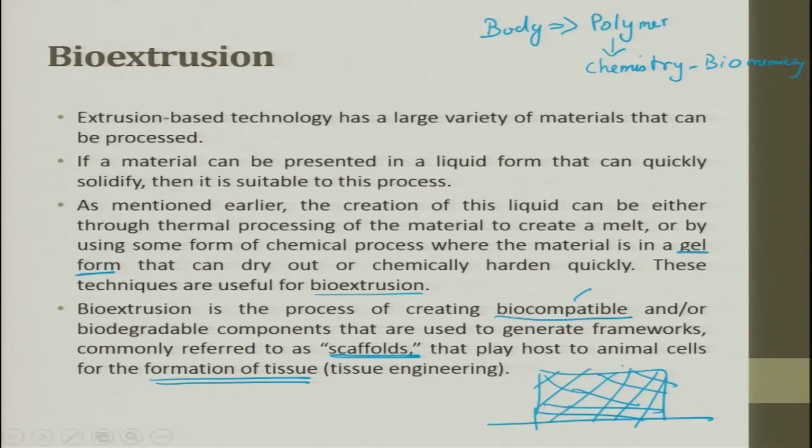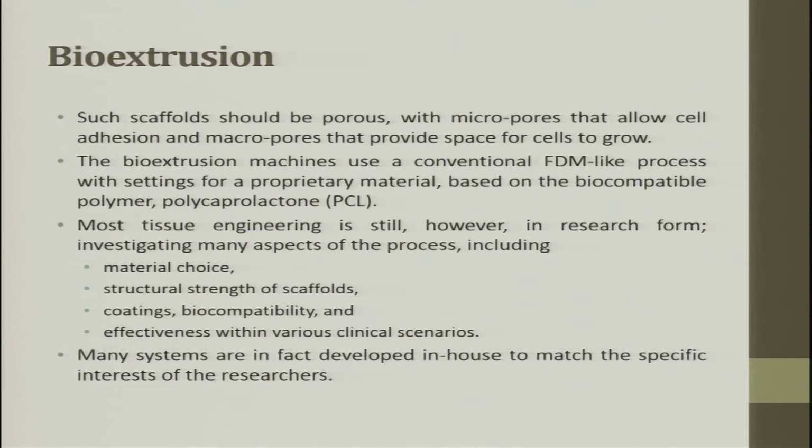Then these cells are taken out and integrated into the body. Or the cells form the tissues. Such scaffolds should be porous. We do not need completely dense material, we need porous material, so that flow can happen through it, the cells can grow and get attached to the body.